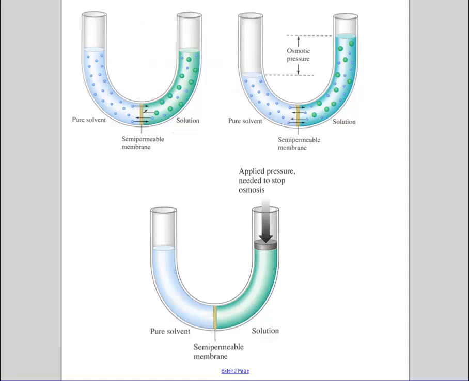So if we take a look at what's going on here, as we change the concentration of the solute, we change the amount of pressure, the vapor pressure, above that solution. And what osmotic pressure tries to do is it tries to reach an equilibrium. So one way of looking at osmotic pressure is it's the amount of pressure that I need to apply to stop osmosis, or the movement of particles through a membrane.